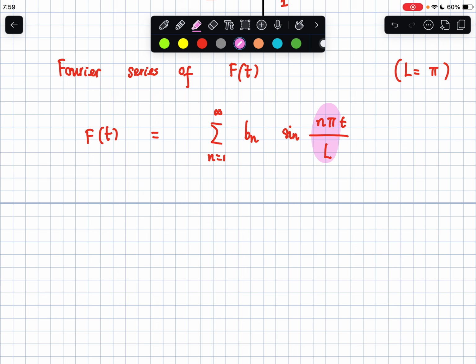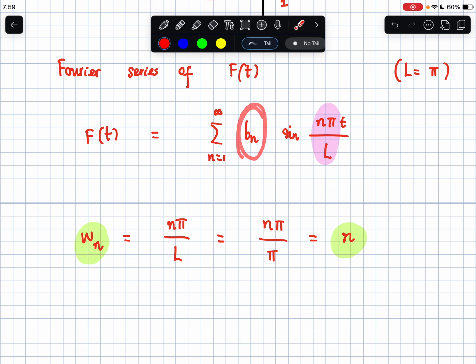The term n pi divided by L is our frequency: omega n equals n pi divided by L, and n pi divided by pi equals n. These are the frequencies given by the force, with the condition on the coefficient b_n.